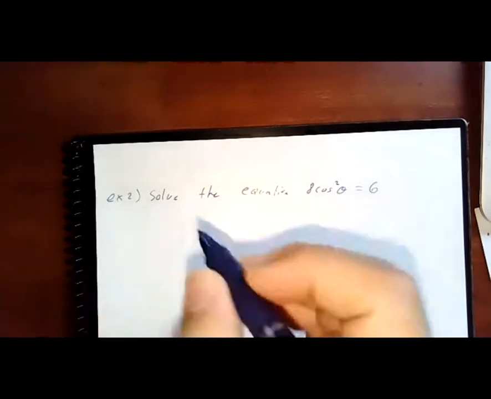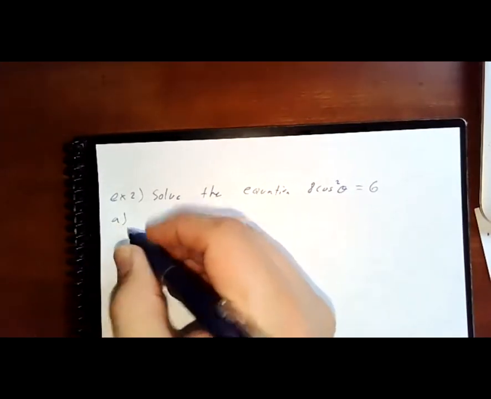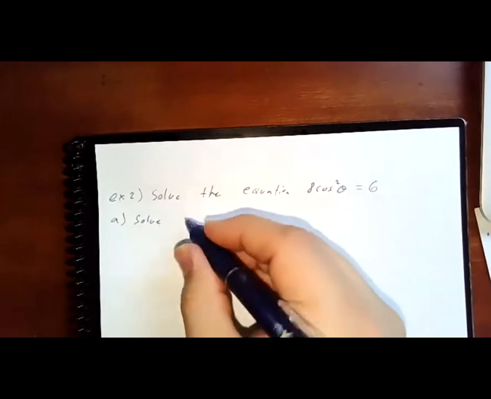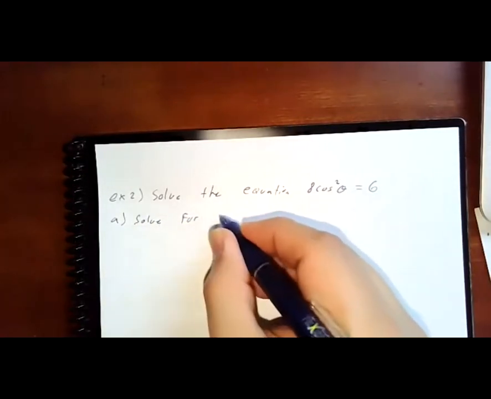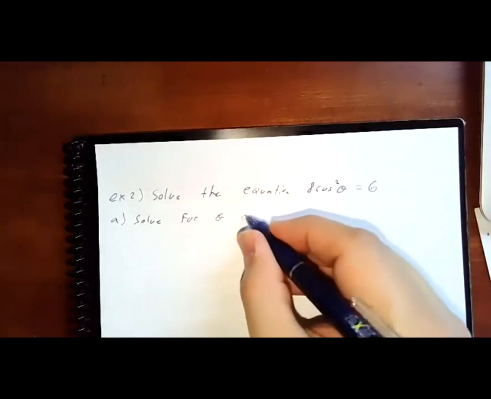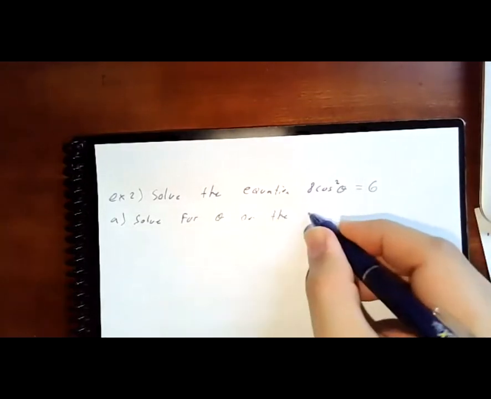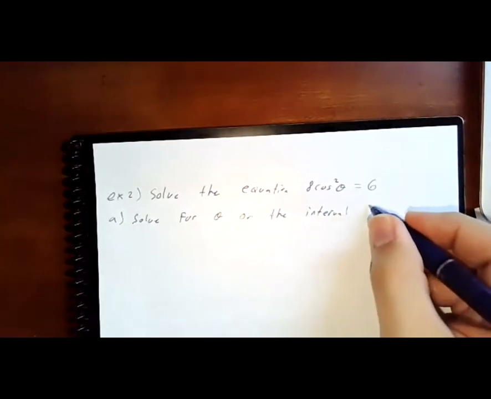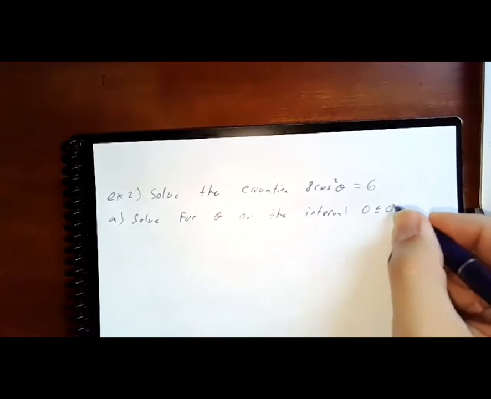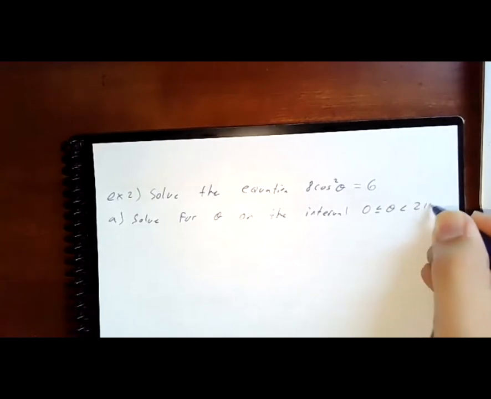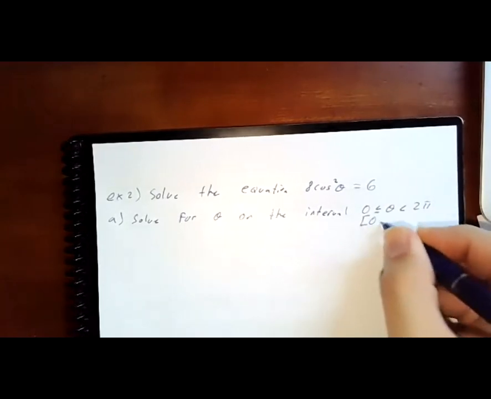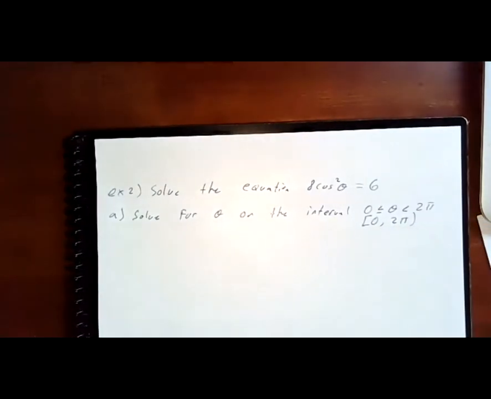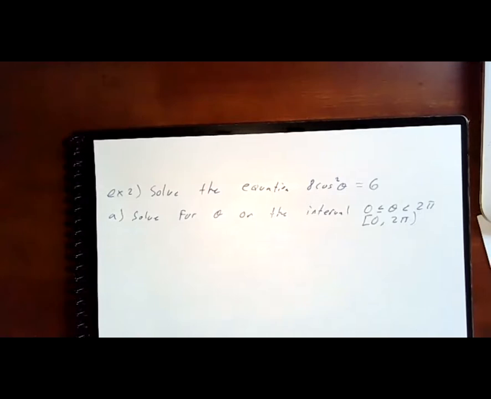Okay, so part A will be solve for theta on the interval 0 to 2 pi. It's the same thing as using bracket 0, 2 pi, parentheses, using the interval notation.